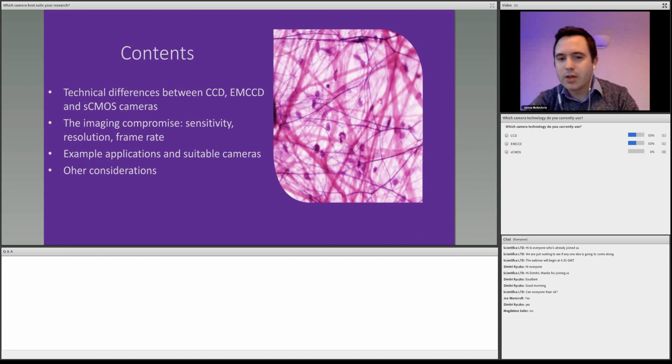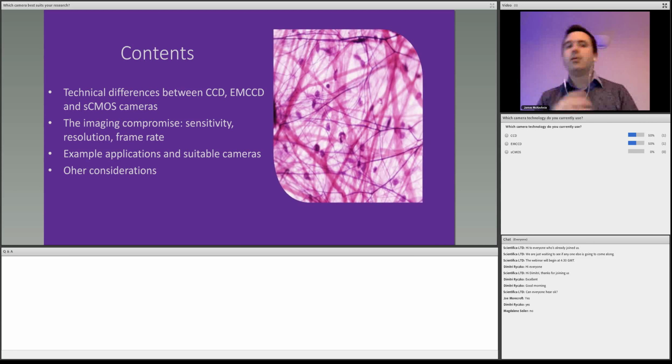I think the general rule is if there was one camera that did the job for everyone, then we would only be making that one camera. And obviously, there are quite a few different cameras. So we'll look at the differences between them and what's more suitable, and then what you have to compromise when you're taking into account these differences.